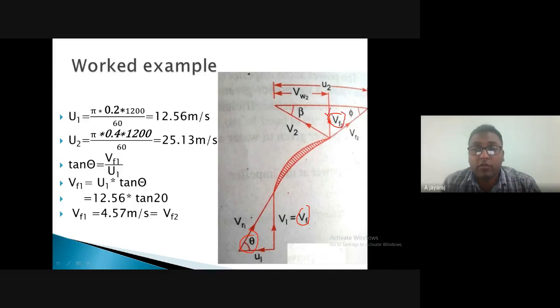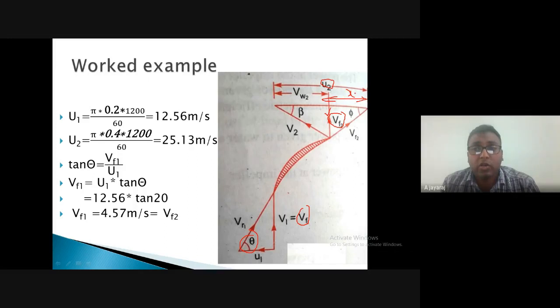I know Vf2 here, I know the angle phi, and I know the value of U2. Then I will be able to find out Vw2, which I am interested in. For this, I need to find this side distance, let us say x. Applying the tan function once again, I'll be able to find this value of x from Vf2.